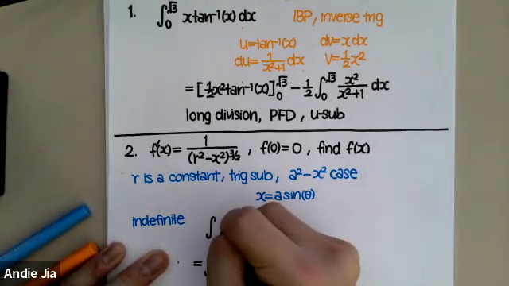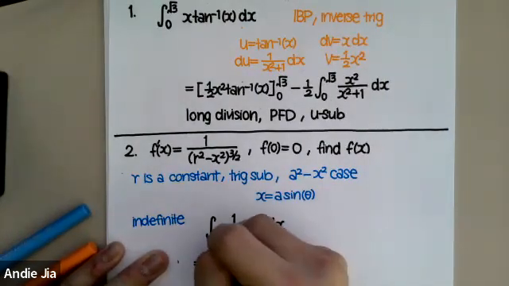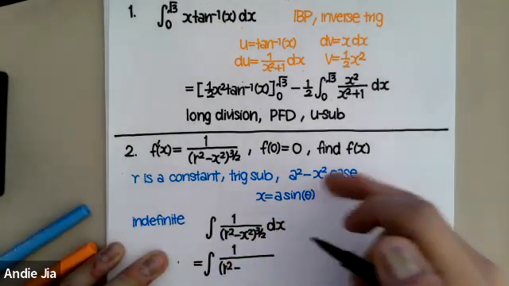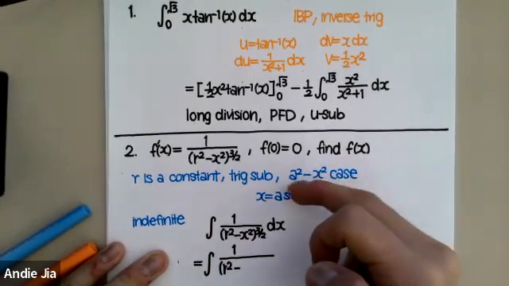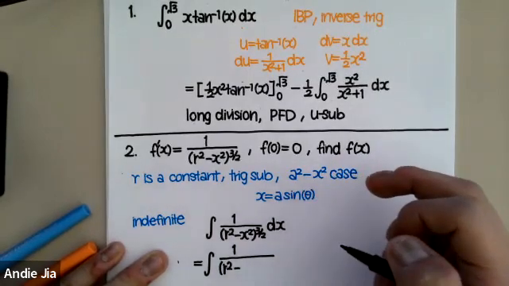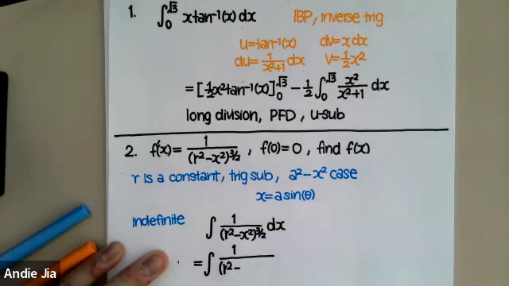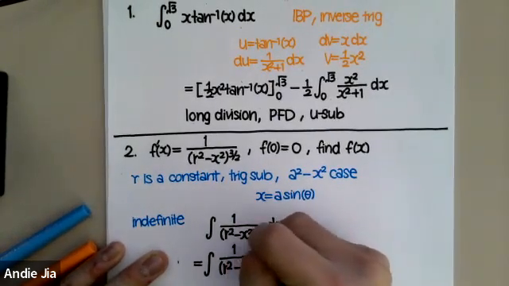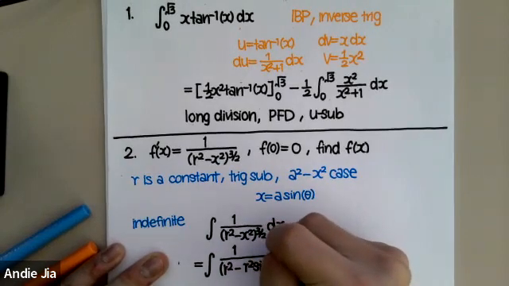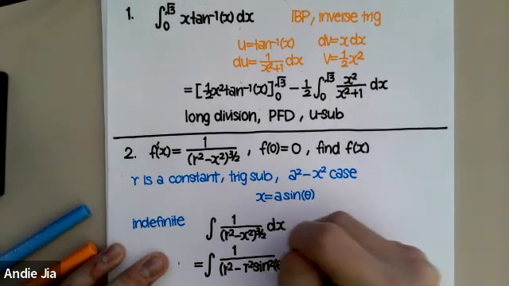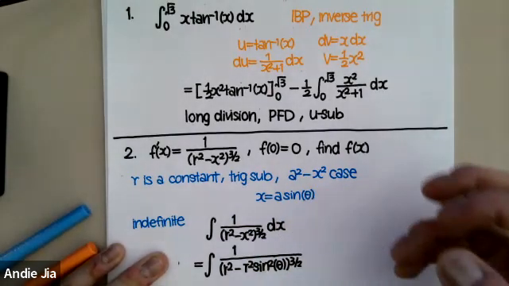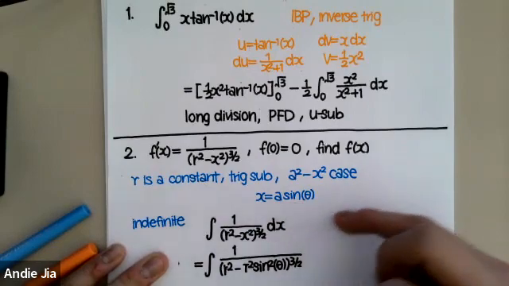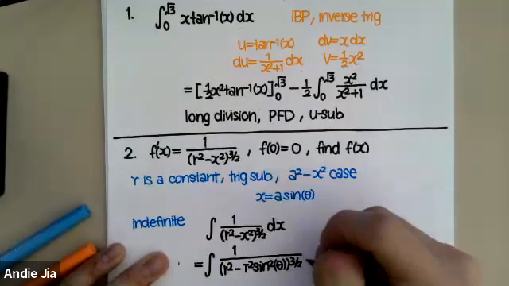And then we just do 1 over r squared minus r squared sine squared theta to the 3 over 2, and then dx is going to be r cosine theta d theta.